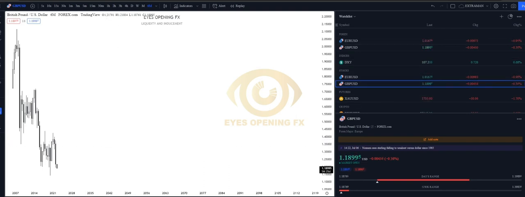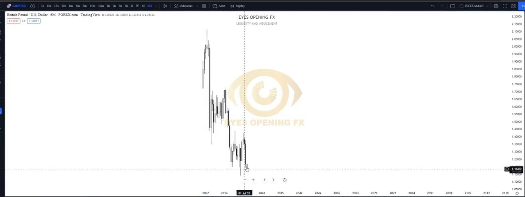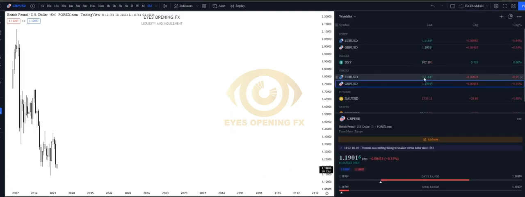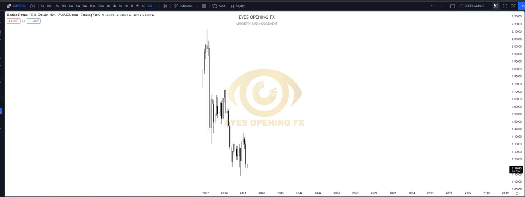Now the actual value of this pair, the low of it is 1.18761. That is the low of the candle.